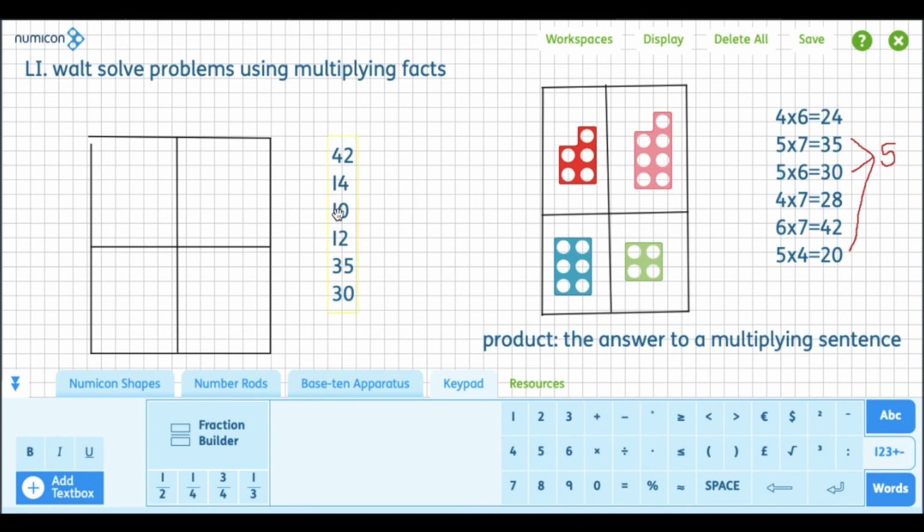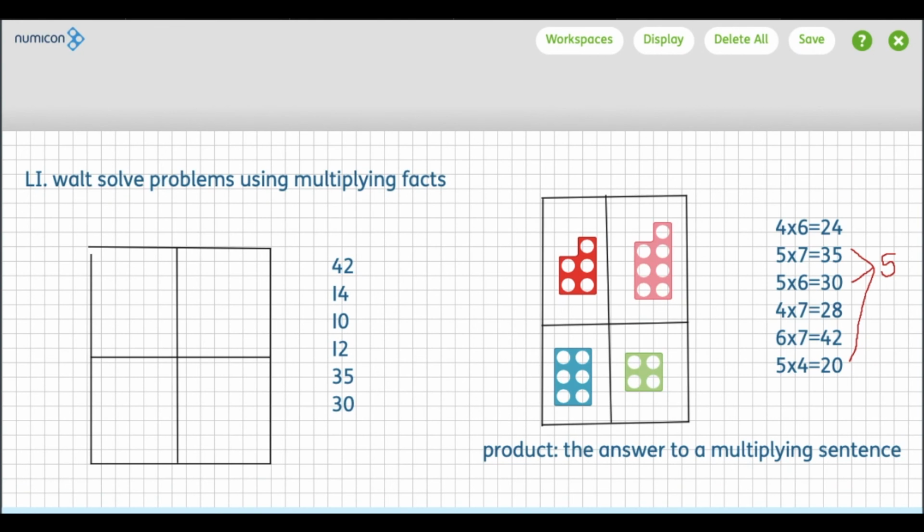All right, this time I've got 42, 14, 10, 12, 35, and 30. And I've got to think about what factors go into these numbers. Now, I think the best thing to do is to start with something that you do know. Now, there's a few things here that are jumping out at me. 10's jumping out at me because the only thing that I can think of that goes into 10 is a 5 and a 2.